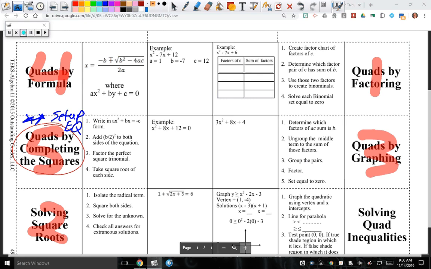Alright, so let's review a little bit before we move on to completing the square for today. This right here is your trial and error, strategic trial and error, but this is the number sense method where you look at factors of C, which in this case is 6, which could be like 1, 6, or 2 and 3, and then you see what would the sum of those factors be.